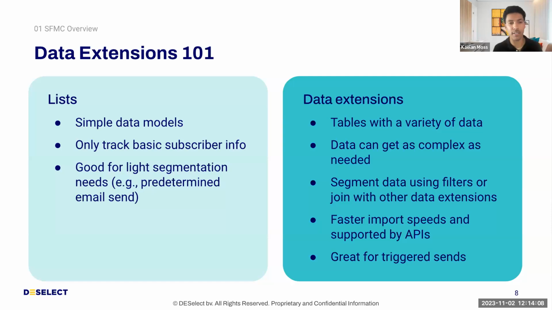Yes. So there's two types of data models inside of Marketing Cloud. Lists are going to be a very basic form of a data model. So if you think about a sheet of paper, right, you have a basic sheet of paper where you have a list of your customers. You can put in their email address, their status, whether they're unsubscribed or active. You can also put in their subscriber key.